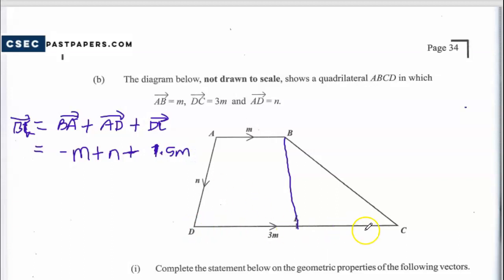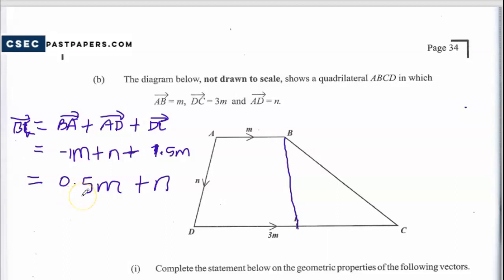So the full DC is 3m, but we're stopping at L, and L is midway, so it's 1.5m. We group like terms: negative 1 plus 1.5, that's positive 0.5m, or half m, plus n. And that would be our vector BL.